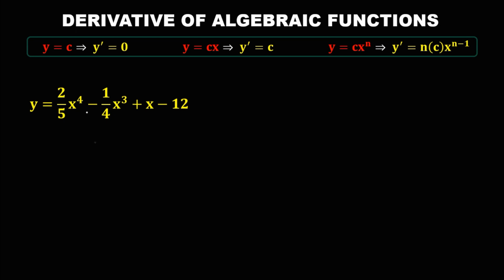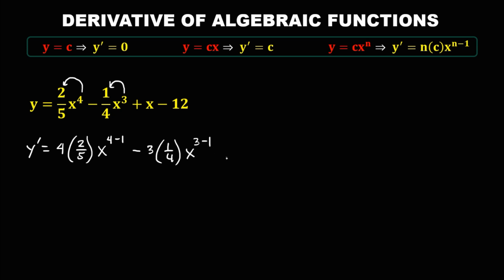Then for this given, again to find the derivative, multiply this exponent to this constant. So we have 4 times 2 over 5, then minus 1 for the exponent, then minus, multiply, so 3 times 1 over 4, then minus 1 for the exponent, so 3 minus 1.